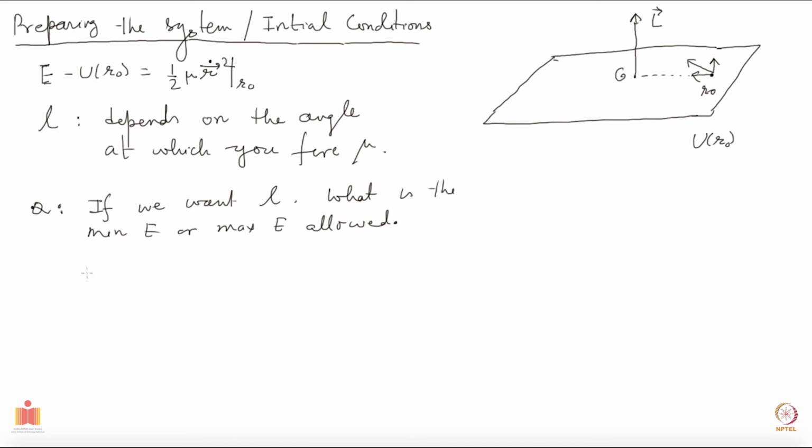So the lower limit is this. You have E, the total energy E is equal to half mu r dot square, not the vector, plus U effective. You remember U effective has two pieces. One is the potential energy of this interaction plus the centrifugal term, coming from the motion in the theta direction.